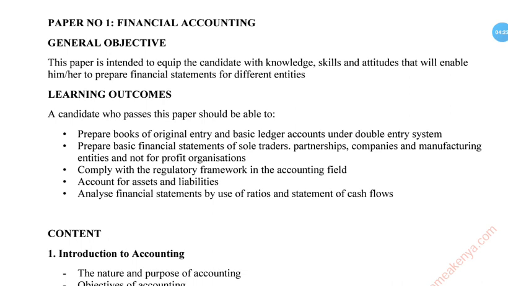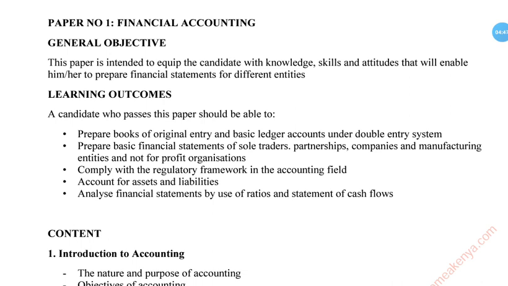In the accounting field, we have the regulatory framework, or what we call the accounting standards. We have the International Accounting Standards, IAS, and the Generally Accepted Accounting Principles, GAAP.